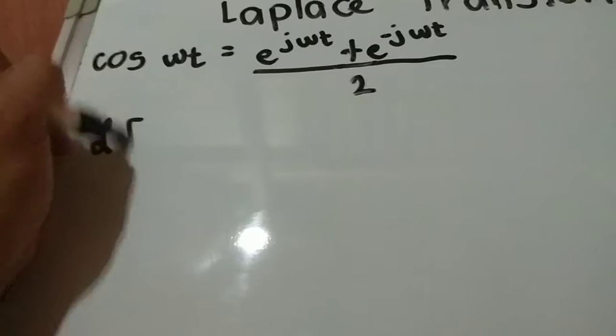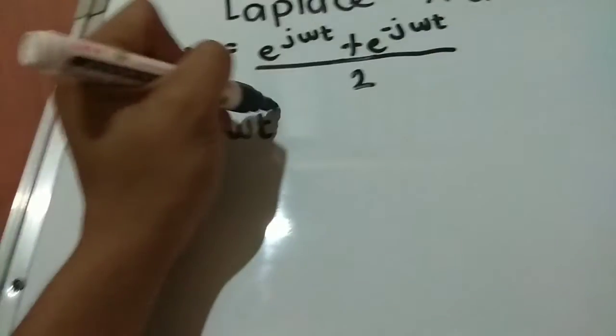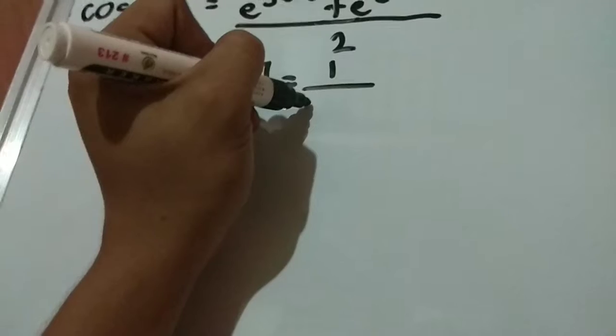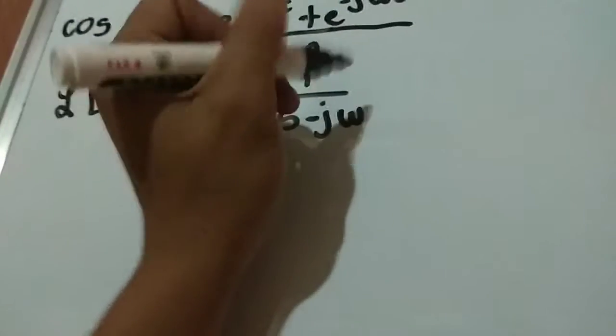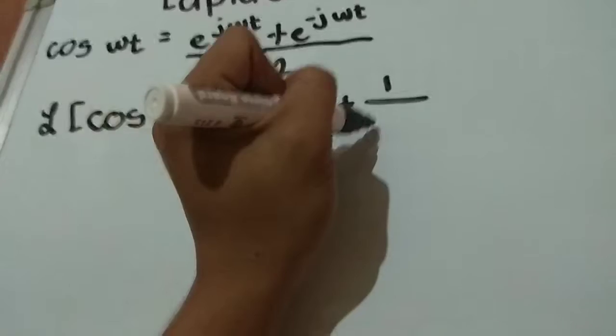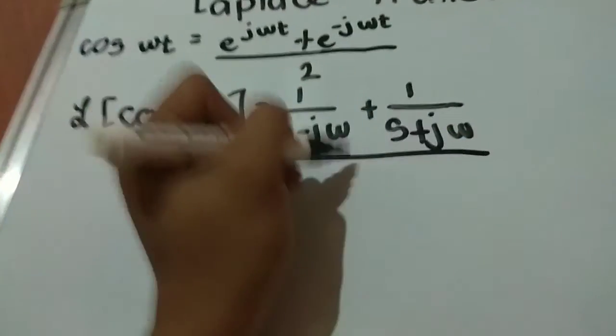Laplace of cosine omega t is equal to 1 over s minus j omega plus 1 over s plus j omega, all over 2.